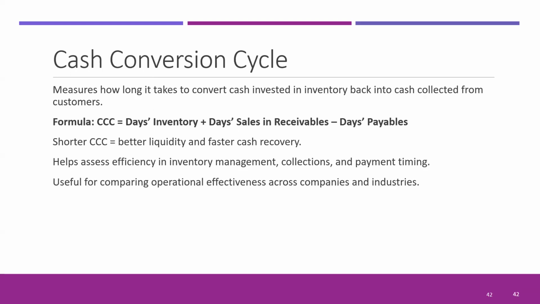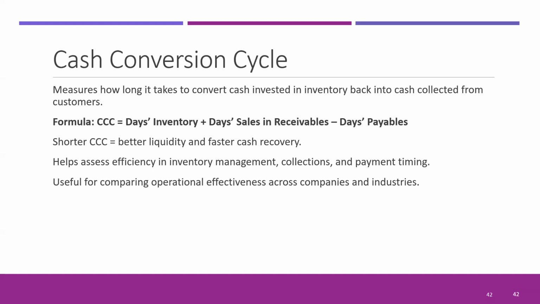And then my personal favorite is the cash conversion cycle. This adds days sales in inventory and days sales in receivables, and subtracts days sales in payables, which is computed as cost of goods sold divided by average accounts payable.